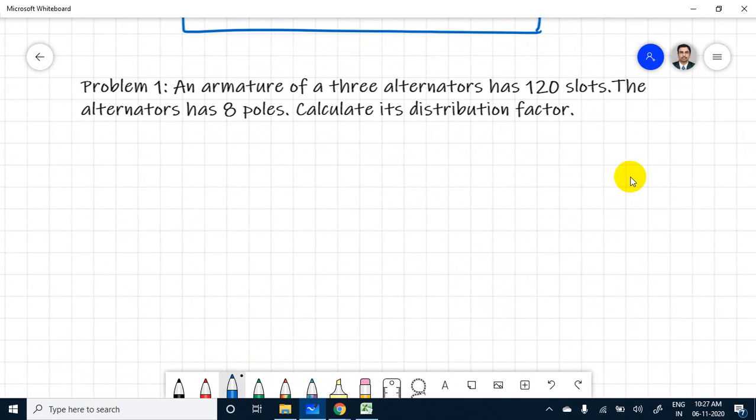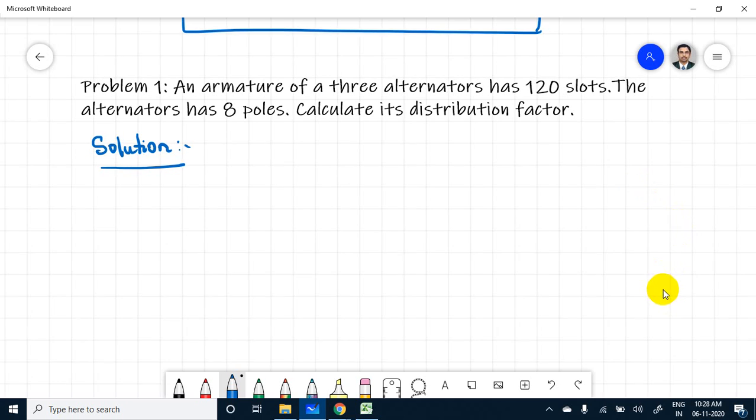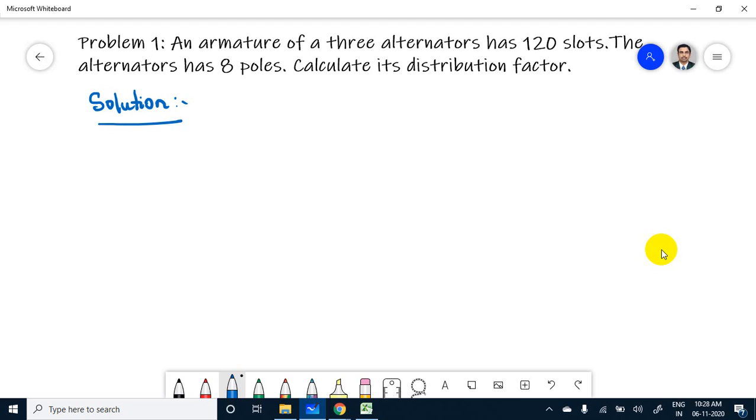Okay, now we'll write the given data. First we have to write the solution. Okay, now what are they asking? Calculate its distribution factor. Can anyone tell me what is the distribution factor formula? Anyone? Anirudh? Gibran?